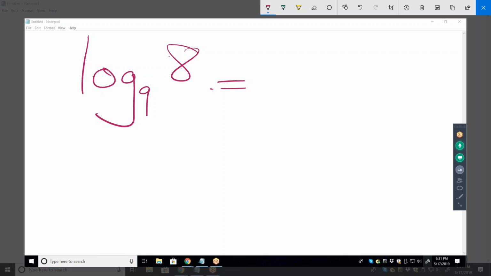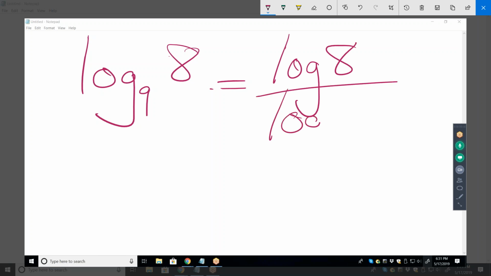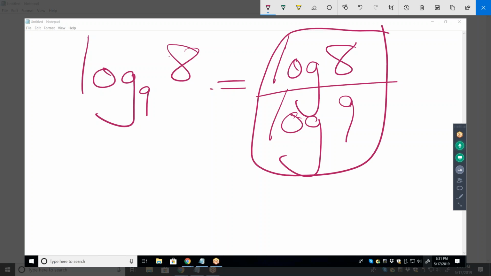It says that it's equal to the log of the upper number, 8, divided by the log of the base number, 9. And you can get that on your calculator. So whenever you have a log that is not base 10 or natural log, you can always figure it out using the change of base formula.